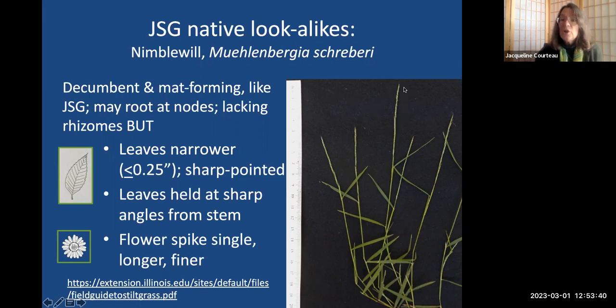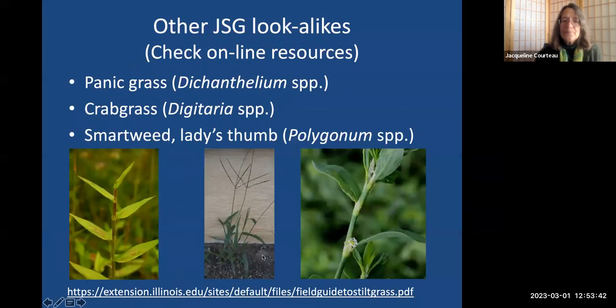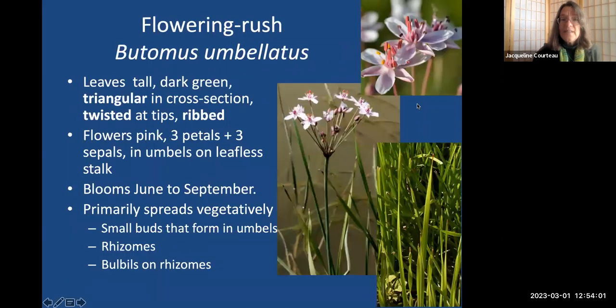It's much longer and it's finer. Some other things to compare: panic grass, Dichanthelium, crabgrass, Digitaria, and even a non-grass species, some Polygonum species such as smartweed can have a similar look to the leaf. So check those out for yourself.